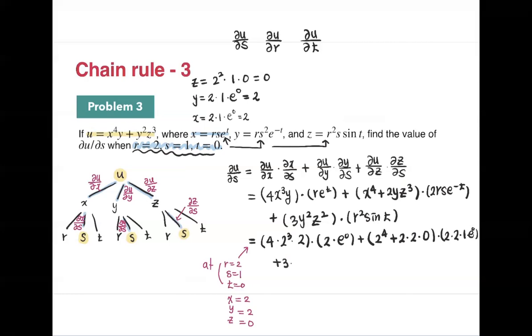Plus 3 times y squared times z squared. Actually, there is a 0, so it does not matter, but I will write down r squared times sine 0. Okay, then since there is 0, this term does not affect our result. And the first term gives 4 times, so many 2.